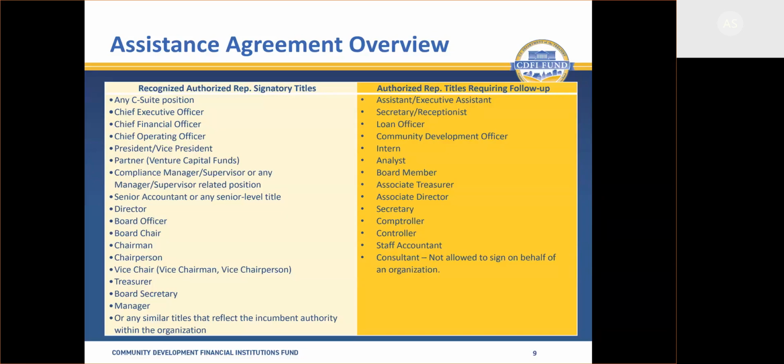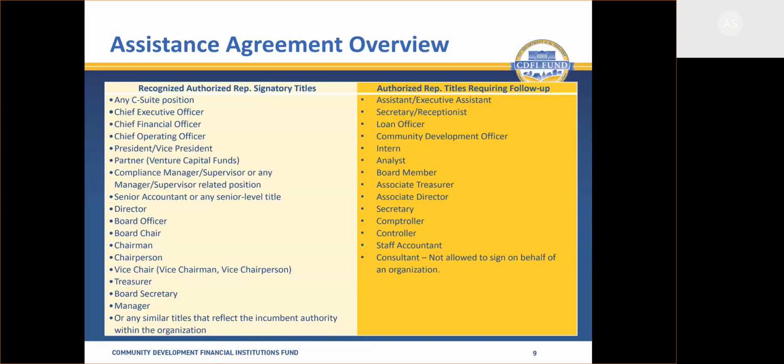On the right-hand side, you will see the titles that will require follow-up. So although the persons listed on the right-hand side may be authorized representatives in your AMIS profile, these titles don't necessarily convey the authority to sign legally binding documents on behalf of the organization.